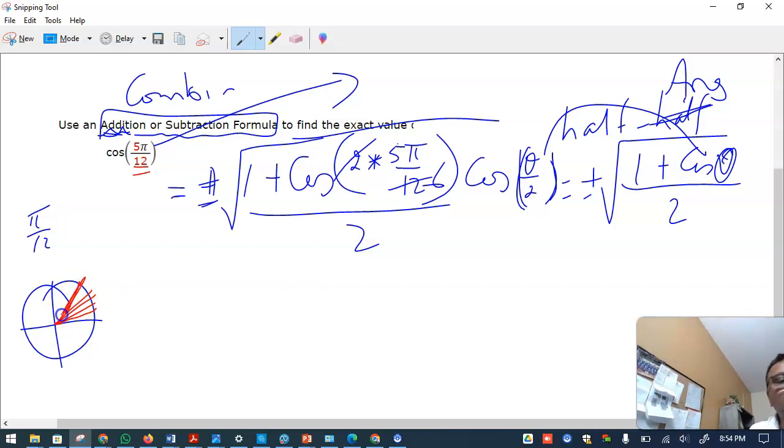So this is like the first quadrant. Pi by 12 actually is 15 degrees, right? So it's like 15, 15, 15, 15, 15, and you're adding, so 75 degrees. So this is 15, and 5 pi by 12 is 75. So basically, it's something like this.